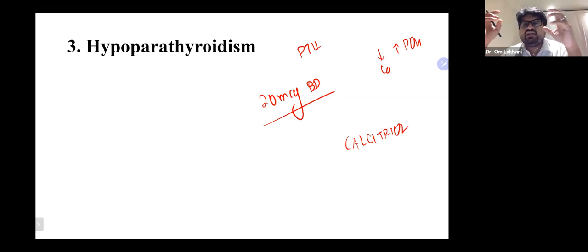And when there is increased calcium and phosphorus, the calcium-phosphorus product rises and it starts getting deposited. These patients start developing nephrocalcinosis, renal failure in future, and they can also develop cataracts. By giving teriparatide, you reduce the requirement of calcitriol, reduce the dose of calcitriol, and you reduce the phosphorus also.